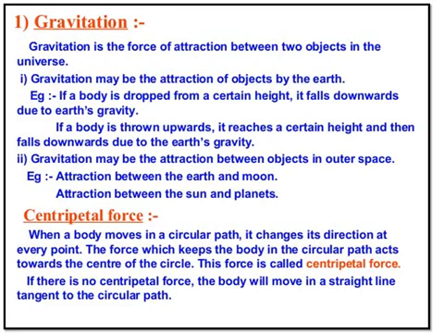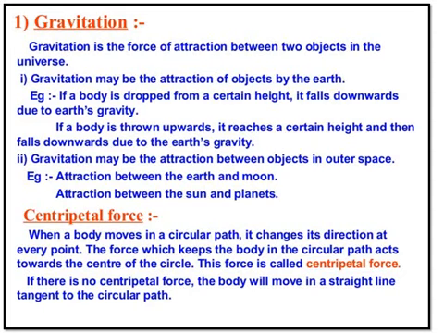So any two bodies in the universe will have a force of attraction which is called gravitation. And for this, you need to learn about centripetal force. When a body moves in a circular path, it changes its direction at every point.